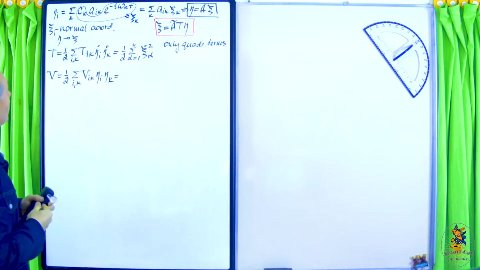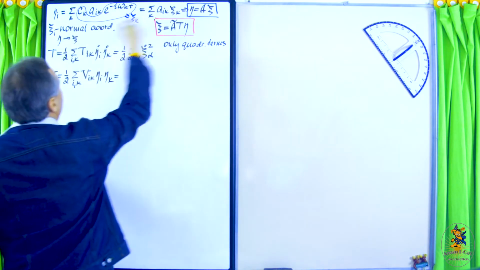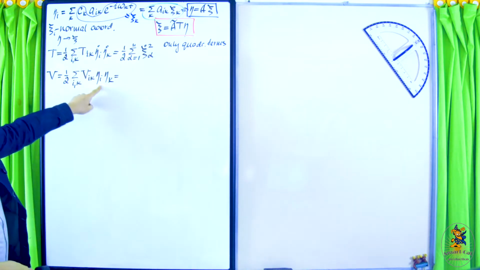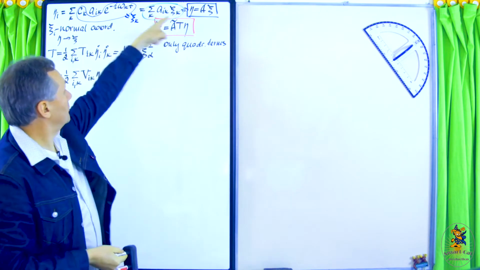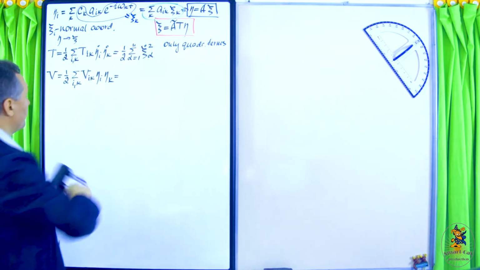Okay. So now again I will use this basically, right? So eta equals to this stuff, right? So eta i will be equal to that, but instead of k I'm going to use alpha and then beta.